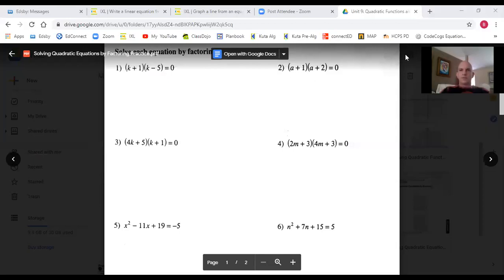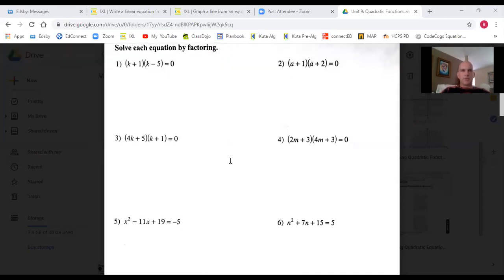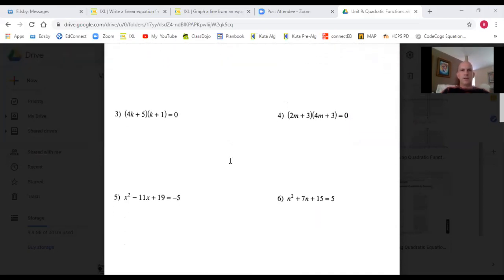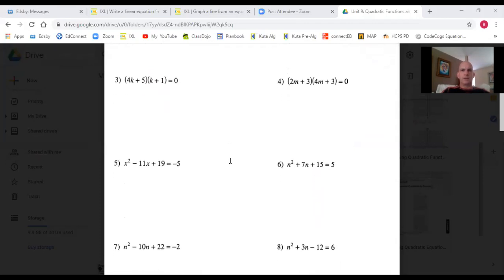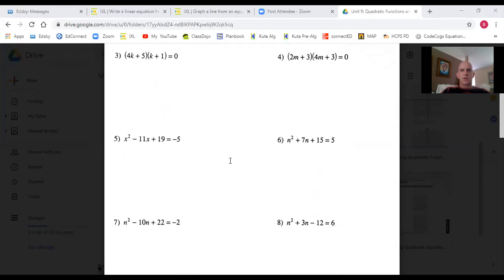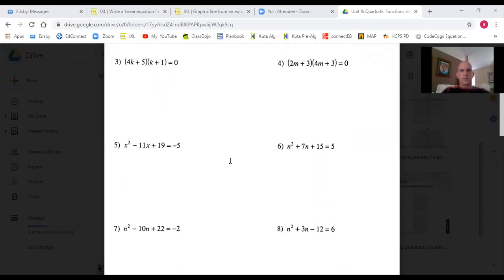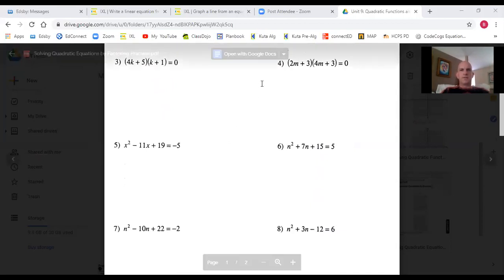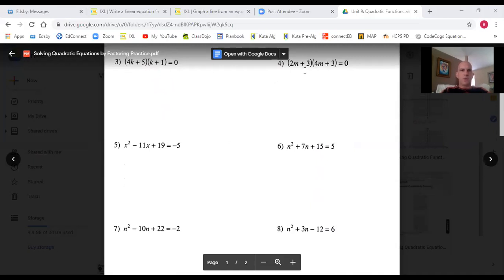This is the worksheet for today, and we can work on this in groups once we go through some other items related to IXL. So the IXL section from Thursday, many of you completed, but some of you had some difficulty with as well. So let me get these last couple of people coming in here.